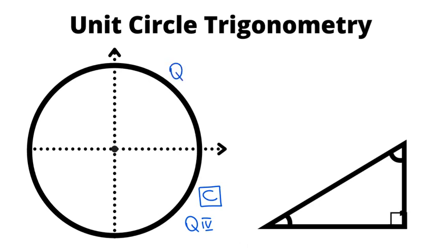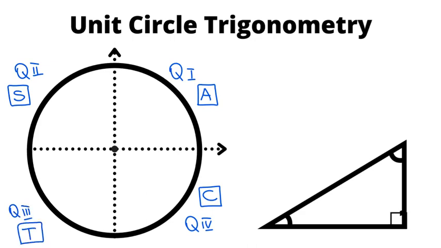In quadrant 1, all ratios are positive: sine, cosine, and tangent. In quadrant 2, sine is positive, the other ratios are negative. In quadrant 3, tangent is positive, but the other ratios are negative. So CAST, the cast rule, tells you what ratio is positive in that particular quadrant. So now let's see how to determine those ratios.